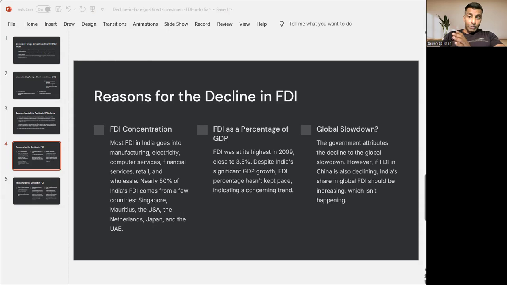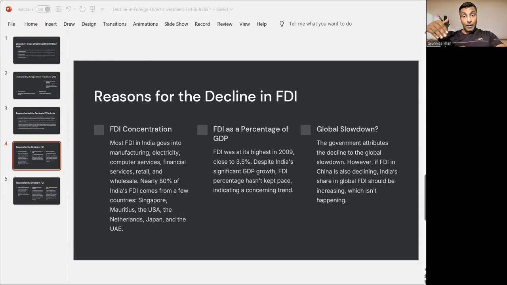Nearly 80% of India's FDI comes from a few countries like Singapore, Mauritius, the USA, Netherlands, Japan and UAE. When we talk about FDI as a percentage of GDP, it was at its highest in 2009, close to 3.5% of GDP.